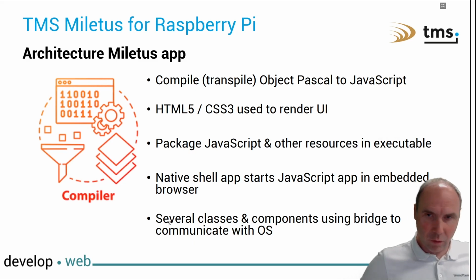This is being done with the Pas2JS transpiler, which is a transpiler that is created by the people of the FPC team. For the user interface, it is running in the browser, so it's kind of normal that the user interface is built up out of HTML and CSS3.